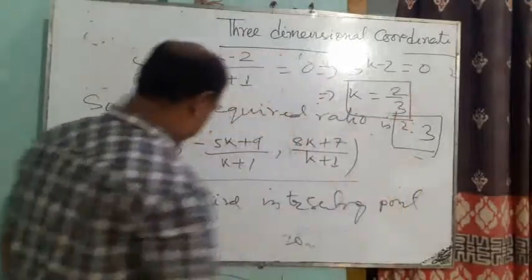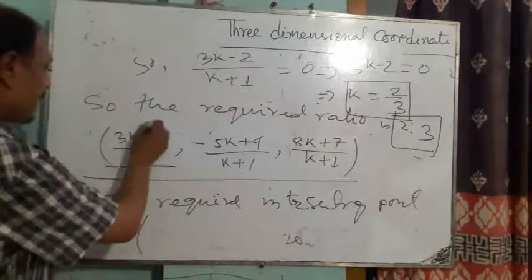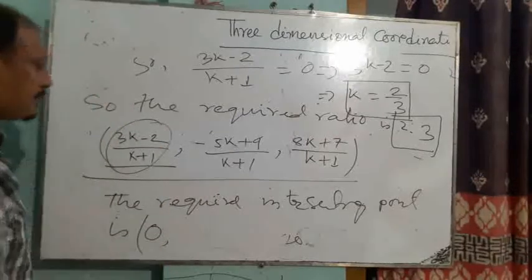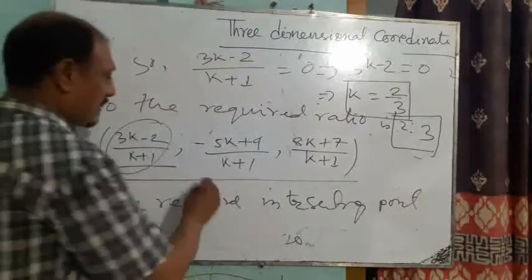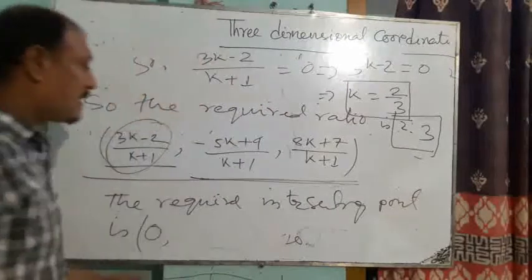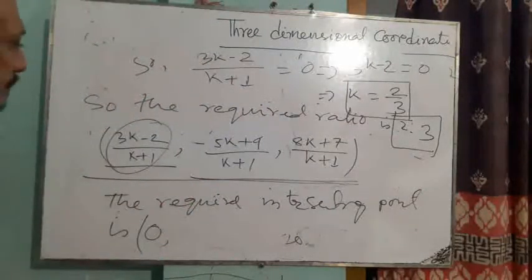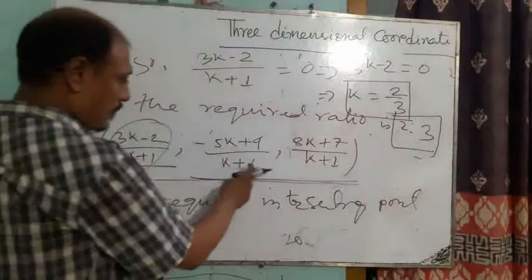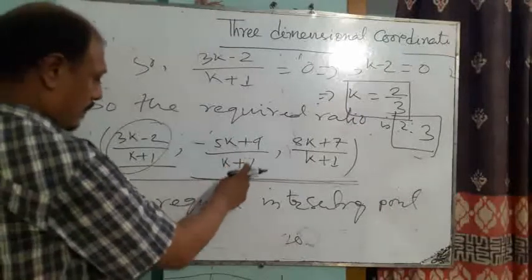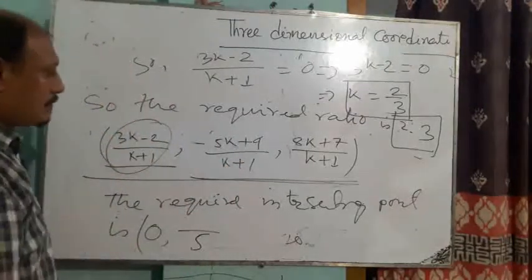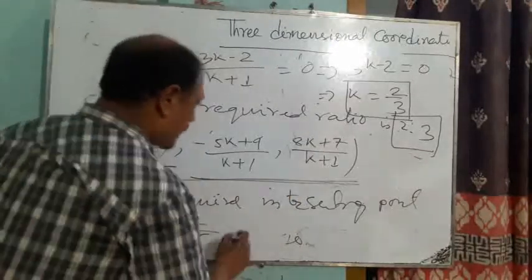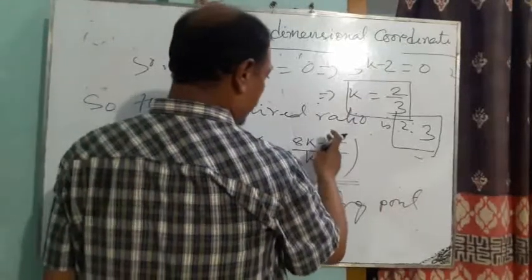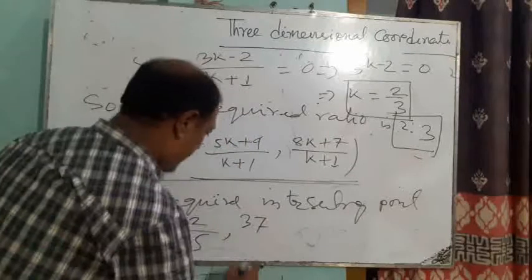Putting the value of k in this point, we get 0, 2/5, 37/5.